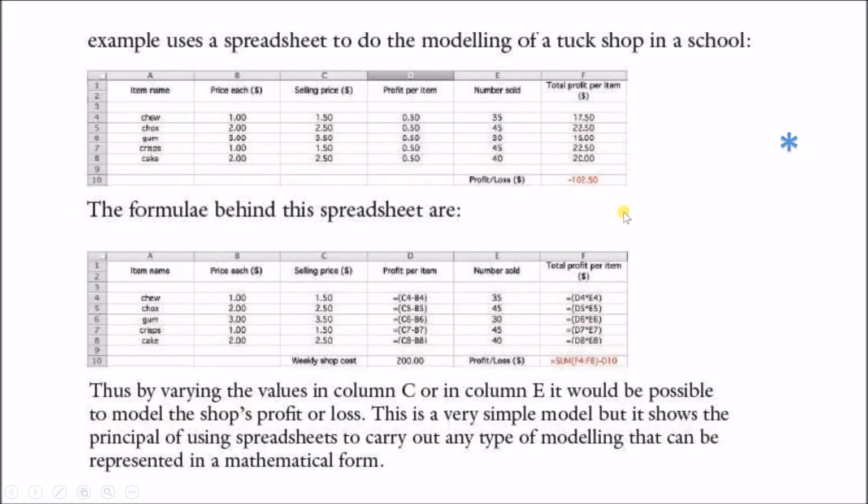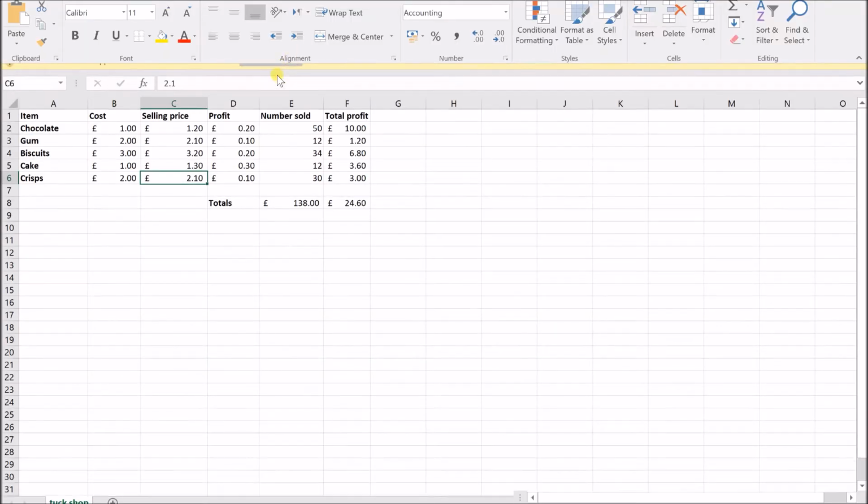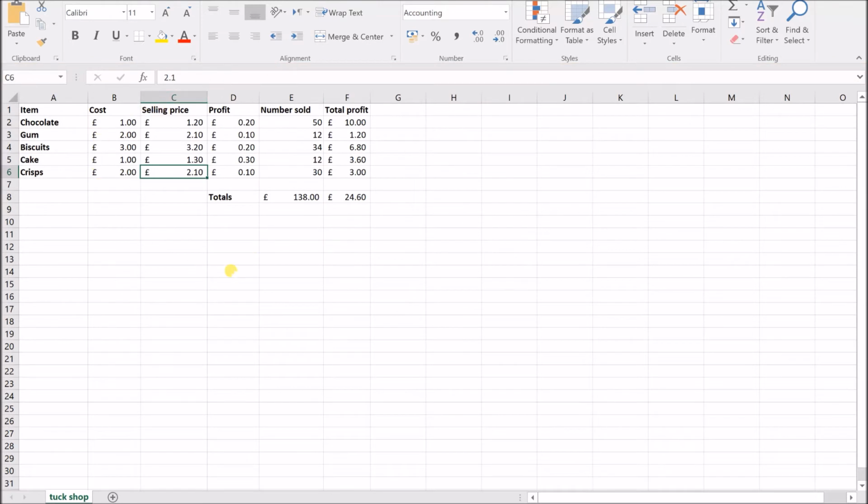Now let's make it a practical example. Now this is my own sheet. I have the items, the cost for each one, the selling price, the profit, number sold, and total profit. Now the chocolate is costing me £1 and I am selling it at 1.2.